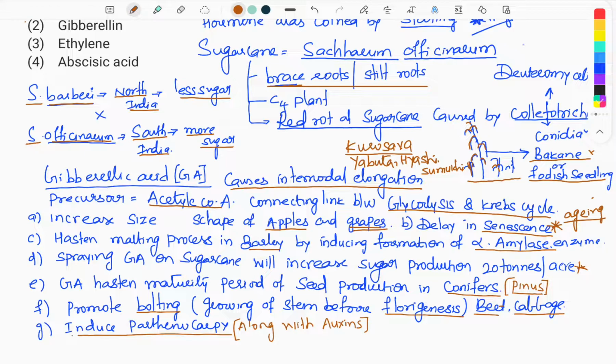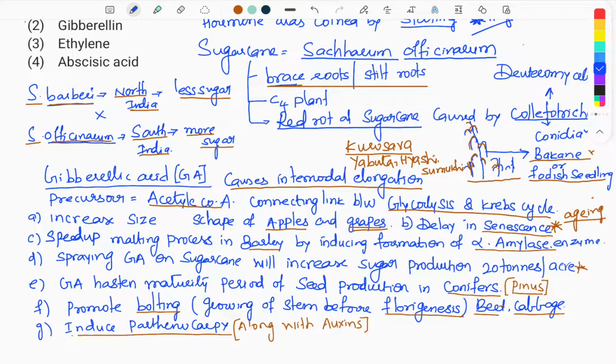And next, spraying gibberellic acid. Before that, the malting process: it will hasten, which means it will speed up. I write here "speed up" because you will understand it very easily. It will speed up the malting process in barley.